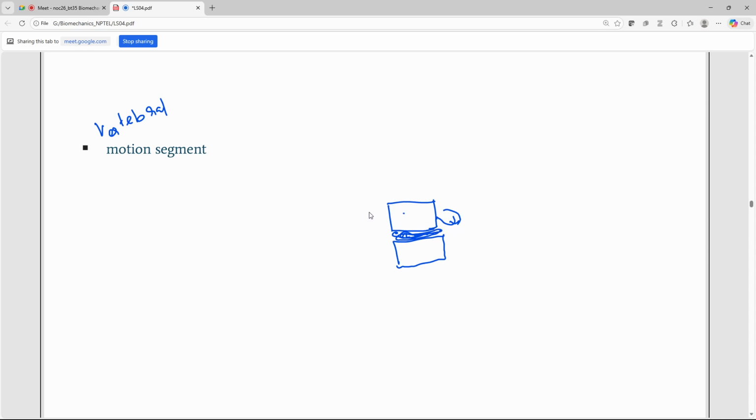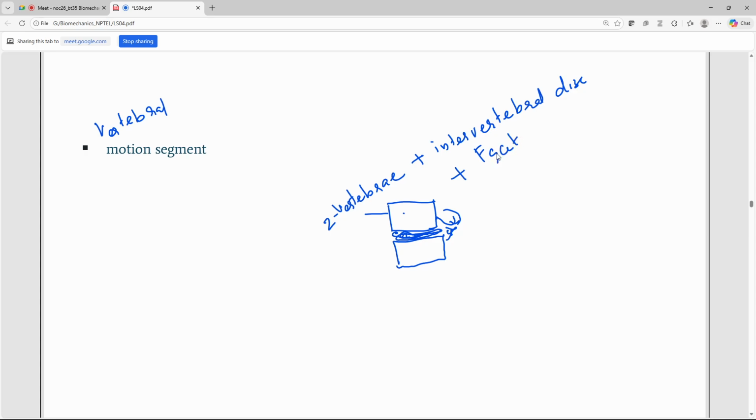So two adjacent vertebrae plus the intervertebral disc, that is the disc in between, and plus the facet joint, that's the joint which forms between these two.